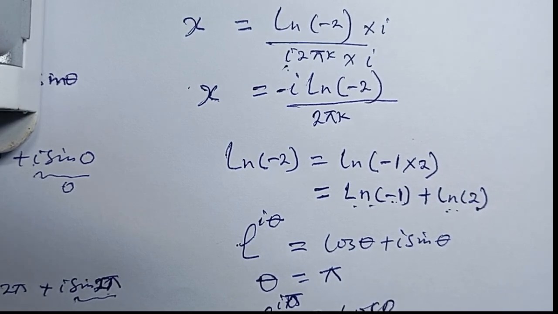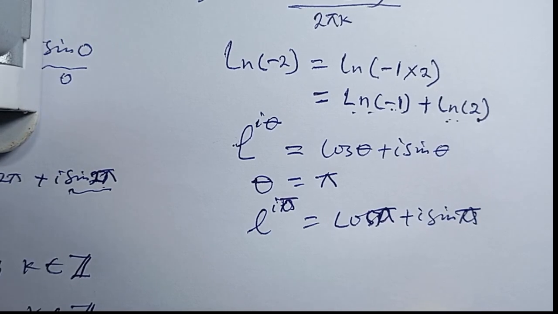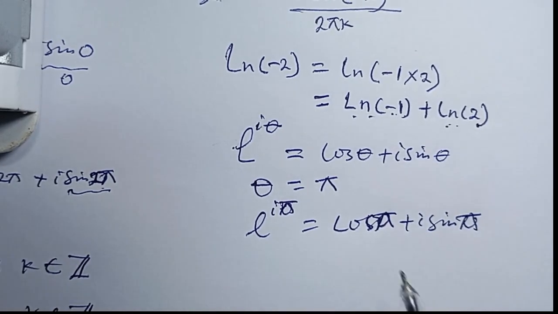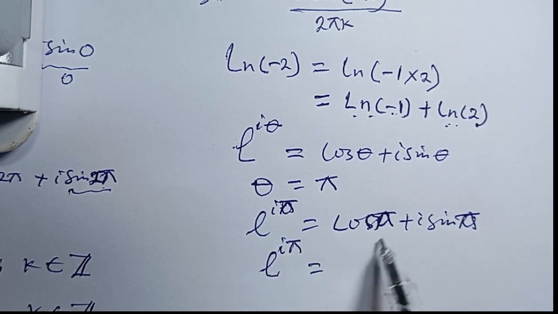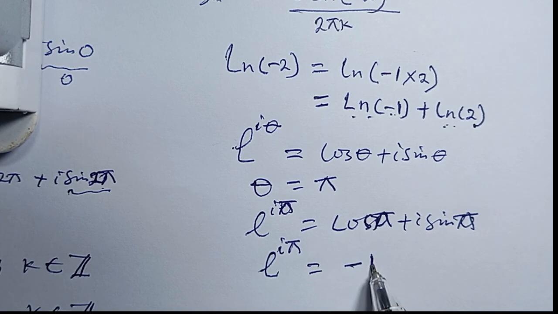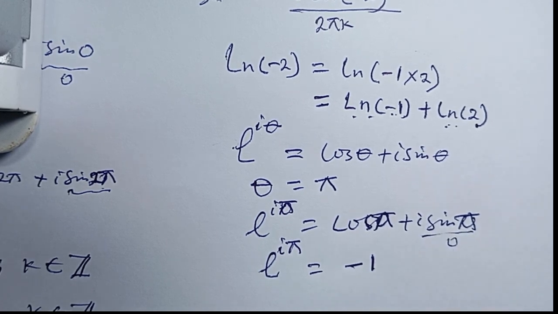So we have cos pi plus i sine pi, and exponential i pi will be equal to minus 1, and this sine part is equal to 0.